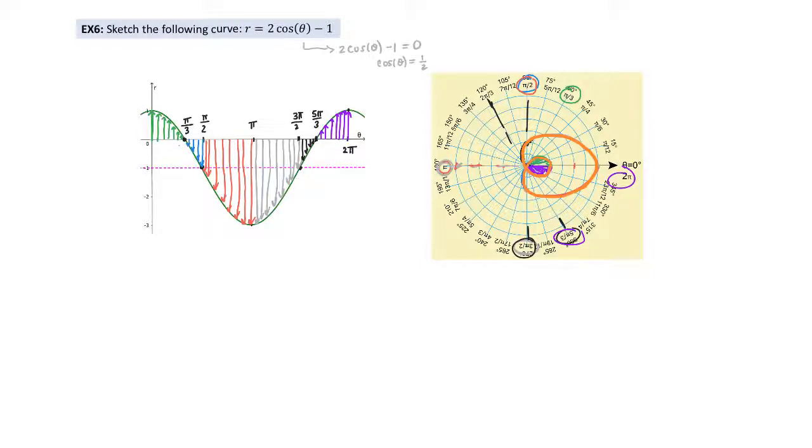The name of this shape is actually called limaçon, something like this. So this is your typical limaçon in polar coordinates. How lovely. Again, if you wanted to track down the motion of the angle, remember that we went, and you can even use the Cartesian here, just follow the colors.